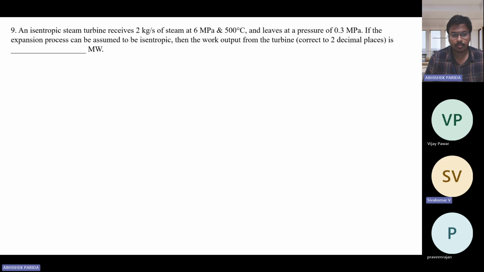Yes, sir. Work output is equal to mass into change in specific enthalpy. At inlet, 6 megapascal, 500 degrees Celsius, it is at superheated condition. We need to refer to the superheated table and get H1 as well as entropy S1, because isentropic condition, so S1 equal to S2. Then we need to get the quality of steam at the exit from the turbine, H2.